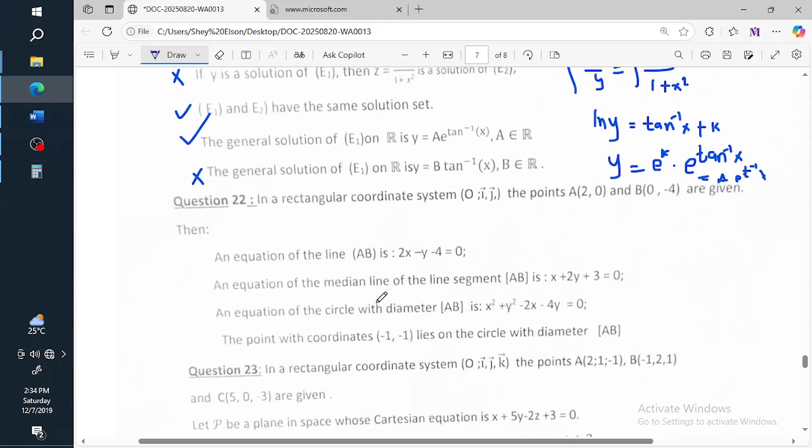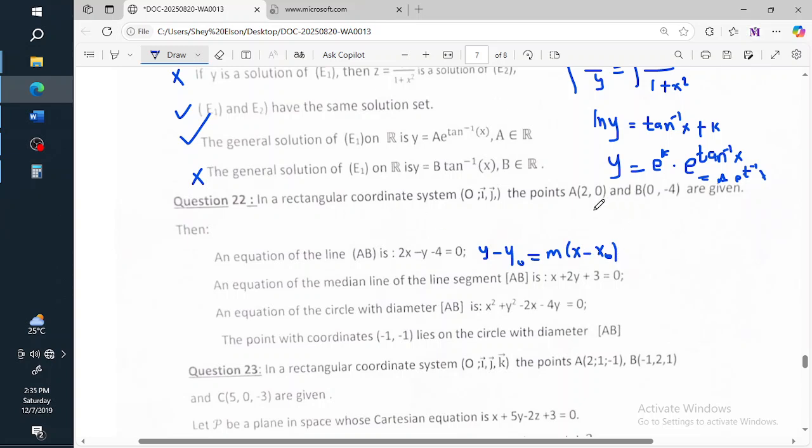22. In the rectangular coordinate system, which just means the Cartesian coordinate system, 2 points are given. Now, first one, an equation of the line AB is this. So to find the equation of a line, we know that it is of the form y minus y0 equal to m into x minus x0, where the point is x0, y0, and m is the gradient.